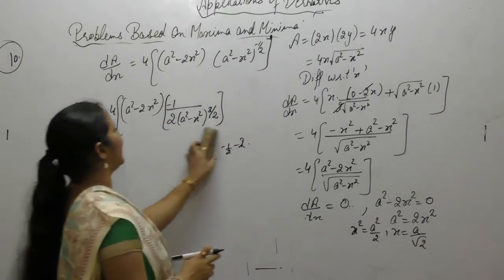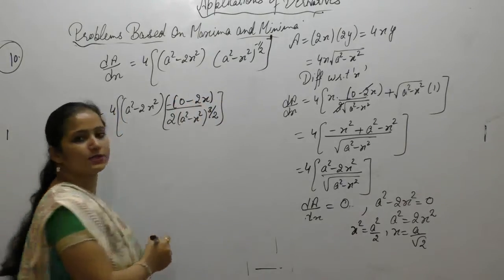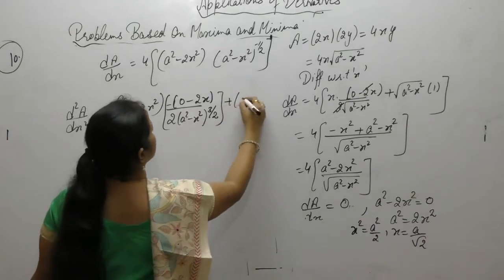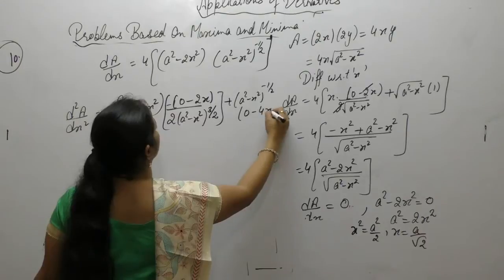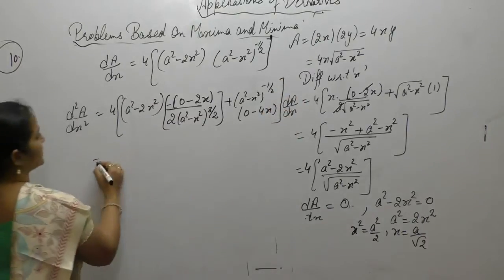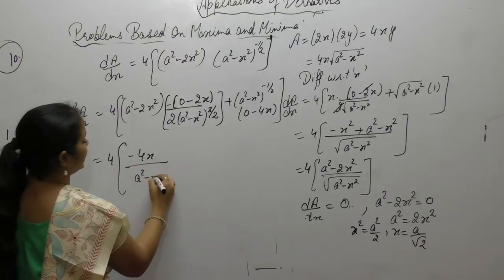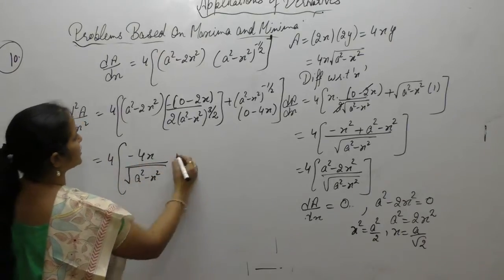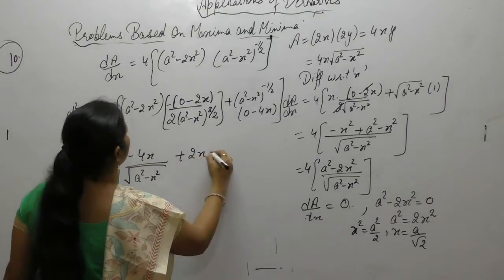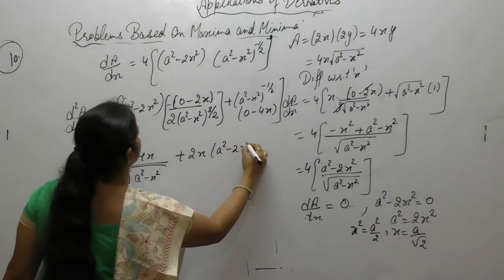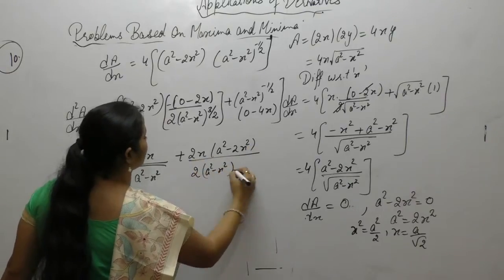So we can write it as this. Clear? Now derivative of a square is 0, minus x square is minus 2x, plus this function as it is. Derivative of a square is 0 and 2x is 4x. So we get 4 into minus 4x upon square root of a square minus x square, minus minus plus 2x into a square minus 2x square, a square minus x square.